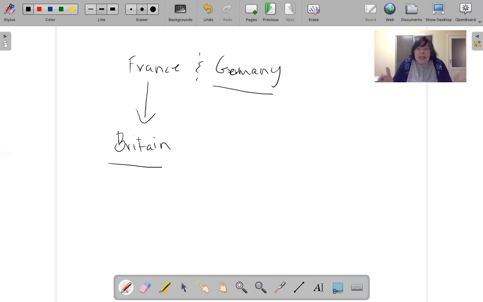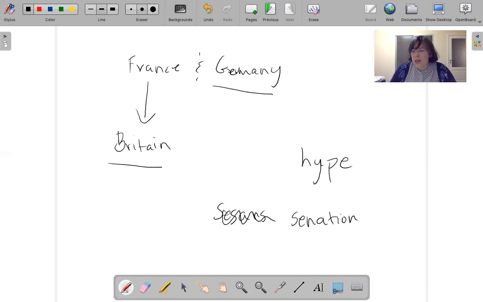But there was all this hype, and it was even in the newspapers. Sensationalism. Sensationalism journalism is when the newspapers hype this stuff up and make it seem even bigger than it really is.